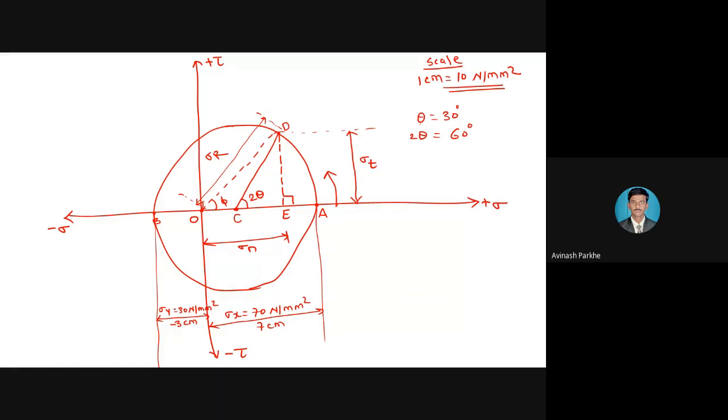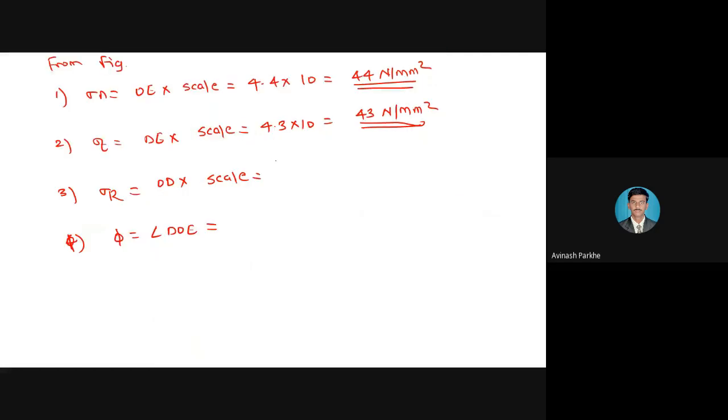Please check your answer once again. At least it should be near to 6.1 and 6.2, because many of you got 6.2. 6.3 is also there. So I will take 6.2. My distance I will consider as 6.2 into 10 is equal to 62 Newton per mm square.